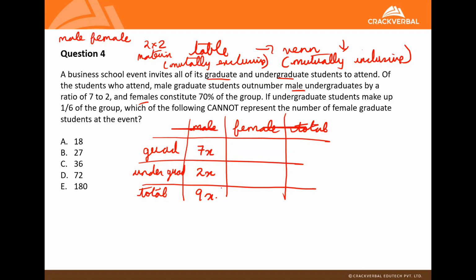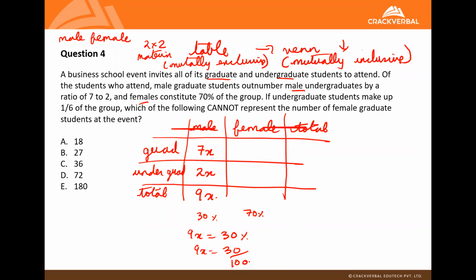So 7x and 2x. Now the question says female students constitute 70% of the total group. So obviously if female students constitute 70% of the total group, then the male students have to contribute 30%. So if male is 30%, I know 9x has to be equal to 30%. So 9x is equal to 30 by 100.